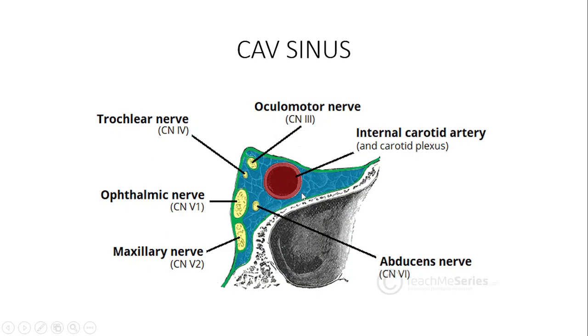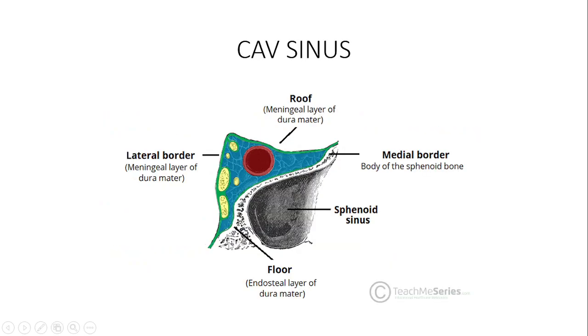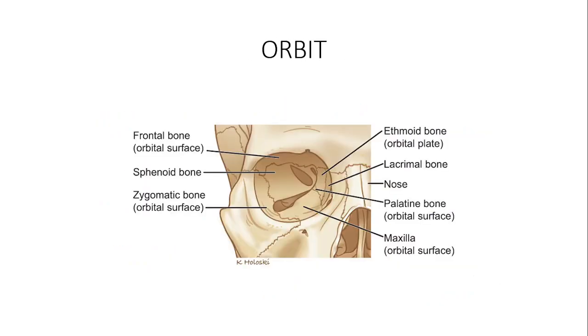Ladies and gentlemen, remember that in cavernous sinus syndrome, the maxillary nerve is affected. But when you go to the orbital apex syndrome, the maxillary nerve does not pass to the orbital apex. Neither does it pass through the superior orbital fissure.